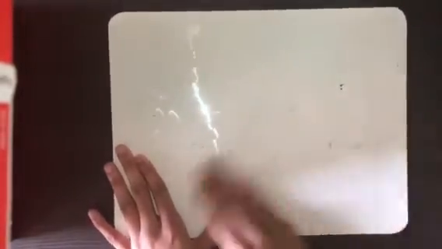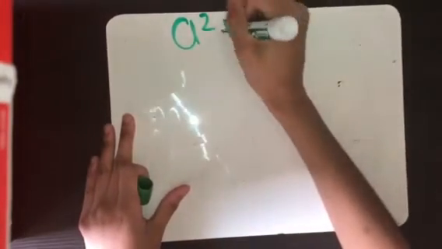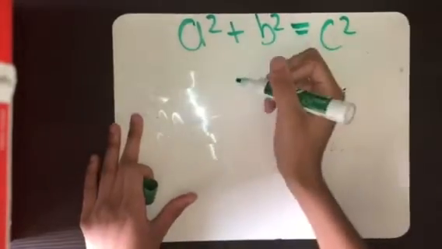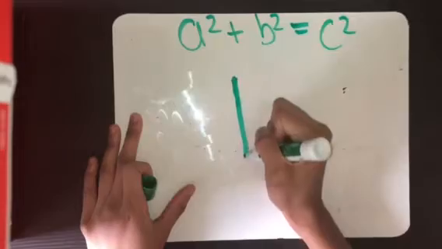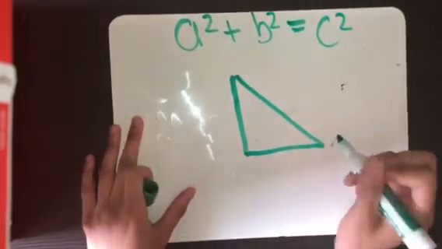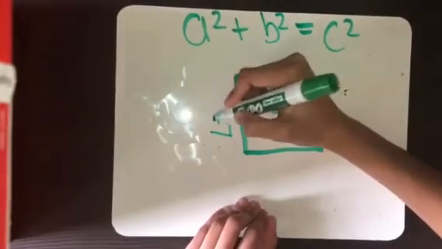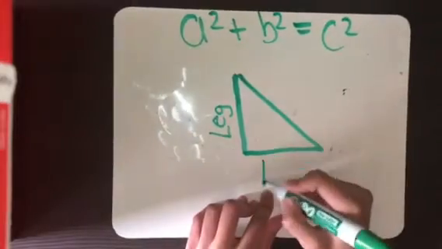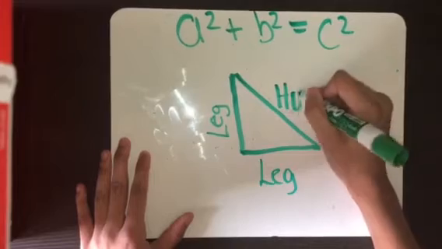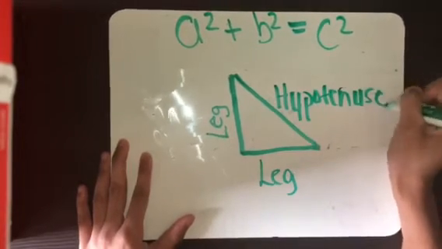Alrighty, so we had the formula a squared plus b squared equals c squared. Now we're going to draw a right triangle so that we can figure out what exactly a, b, and c represent, alright? So on a right triangle, this is called a leg, this is a leg, and this side is called the hypotenuse. I know you may not be able to pronounce that.